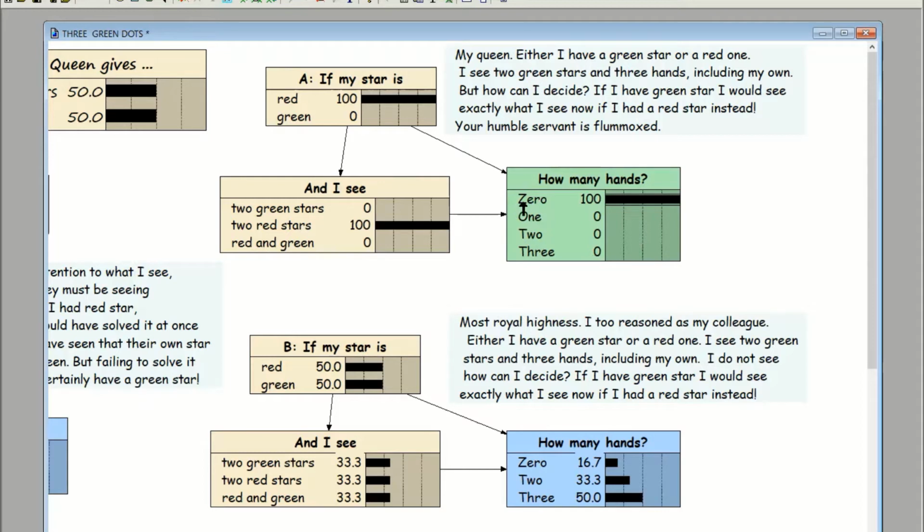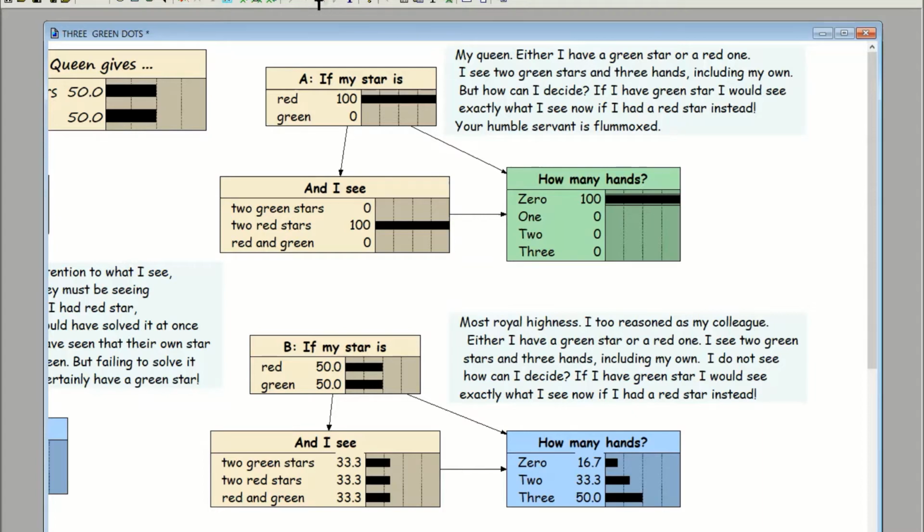Then he would see obviously 2 red stars, and he would know immediately he has a red star. So the deduction works very nicely backward. This is what's very nice about a causal network, is that the information can propagate forward, but also backward. So that's a very, very nifty property of these things.